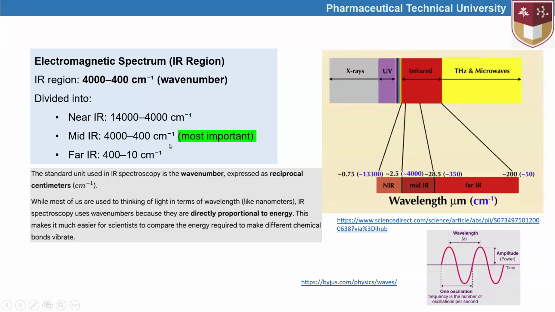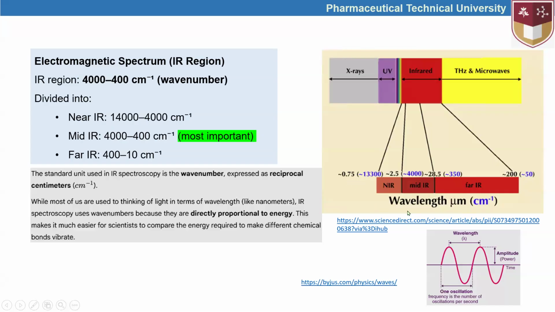And why do we use these reciprocal centimeters? It is easier to link the frequency with the energy. Here we can see that the wavelength of the infrared differs from 0.75 to 200 micrometers. In nanometers, it is from 750 to 200,000 nanometers.